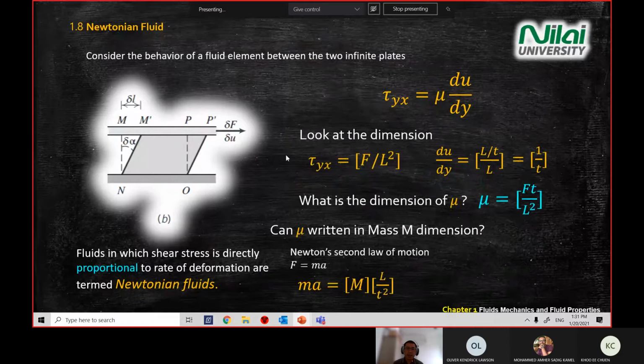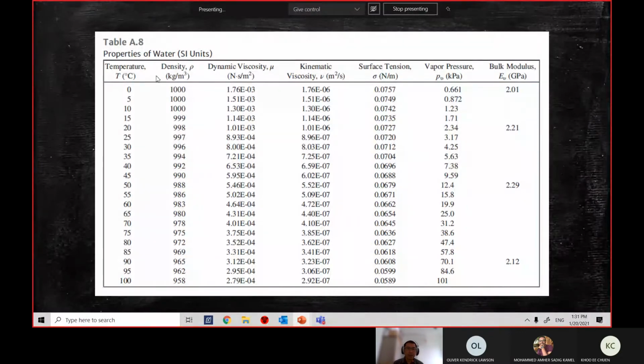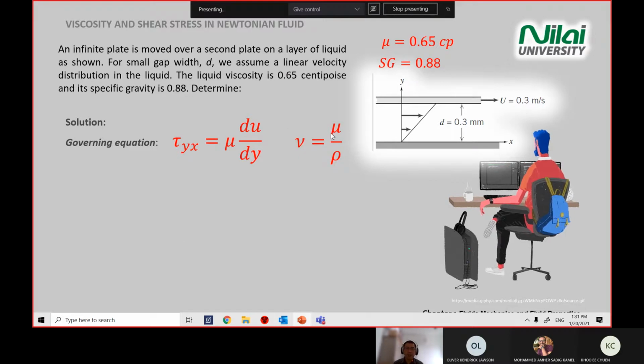If you look at Appendix A, on the screen now, you will see dynamic viscosity mu and kinematic viscosity, this symbol, in the unit of meter square per second, because the question asks us to solve this one also. So another new equation to learn today, a simple equation: kinematic viscosity is given by taking mu, your dynamic viscosity, divided by the density.